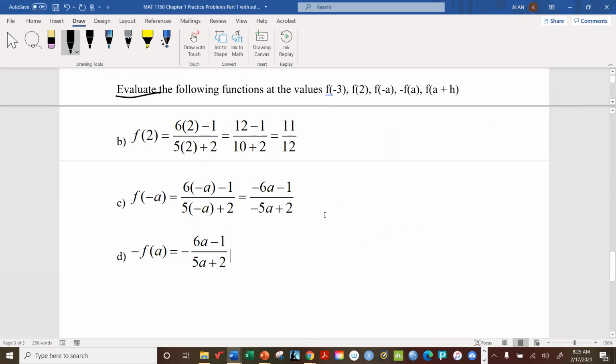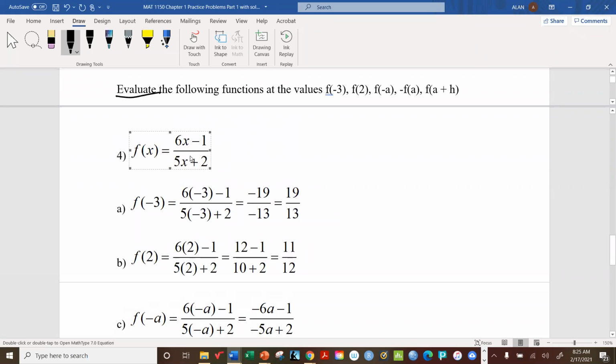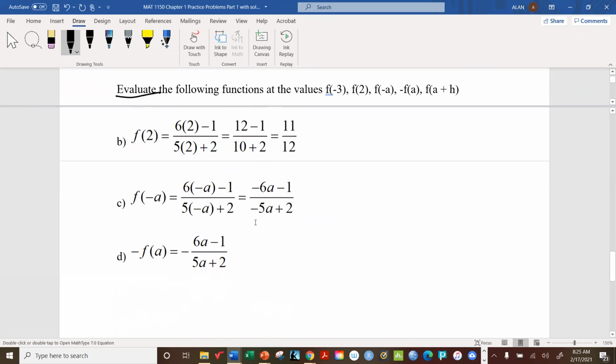All right, and then the next one, the last one, f of A plus h. By the way, I'm going to post these solutions on Moodle when we're done. So if you miss something, that's okay. You'll have a copy of this.